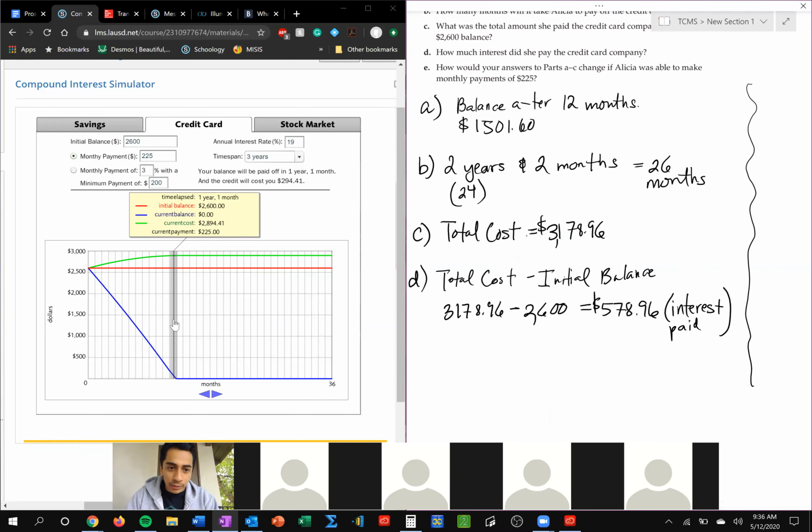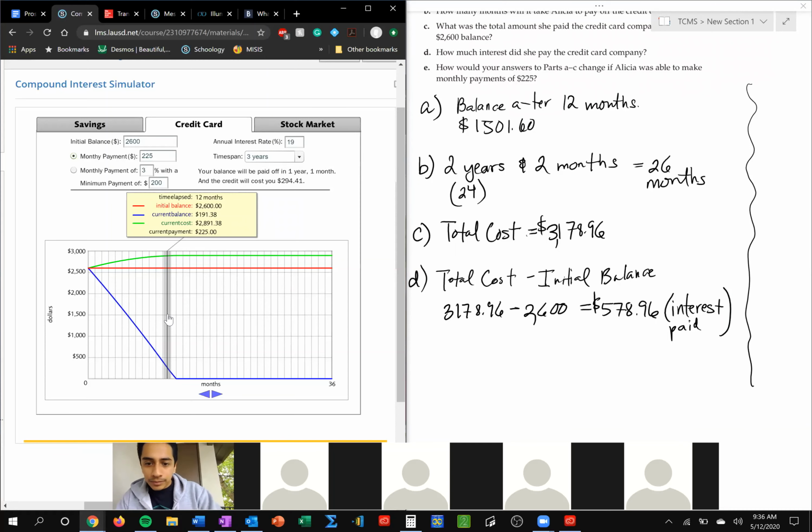Okay, in fact, the balance would be dramatically different, right? So part A is asking for what is the balance after those 12 months? Well, after 12 months, her balance is only $191, right? So that extra $100 per month has helped cut this credit card period down by half, pretty much.